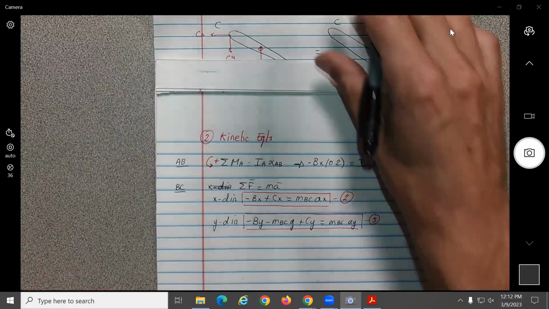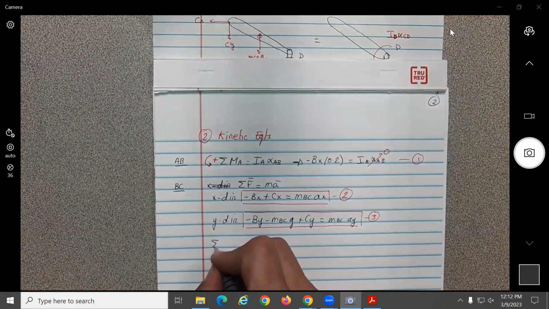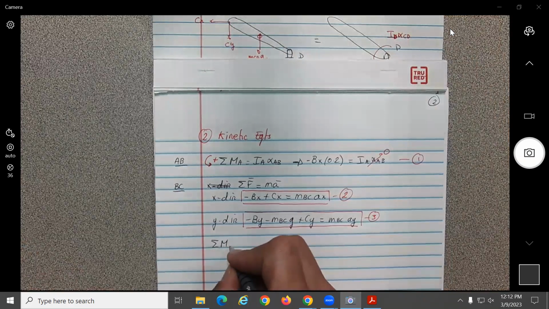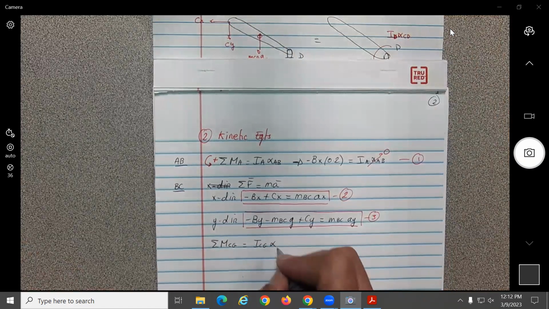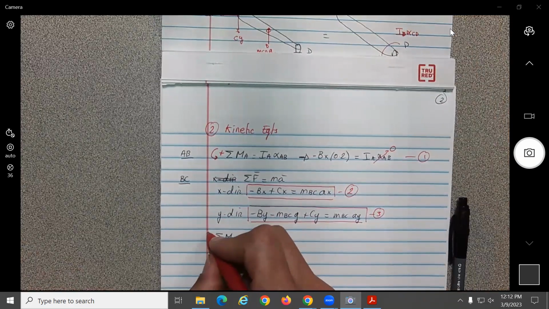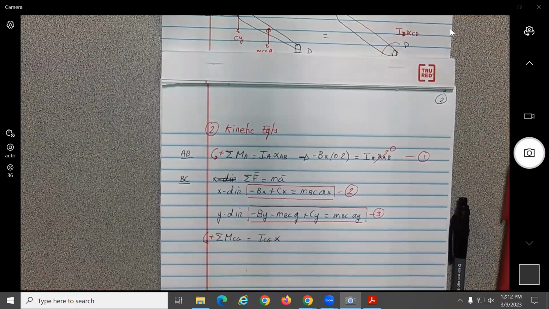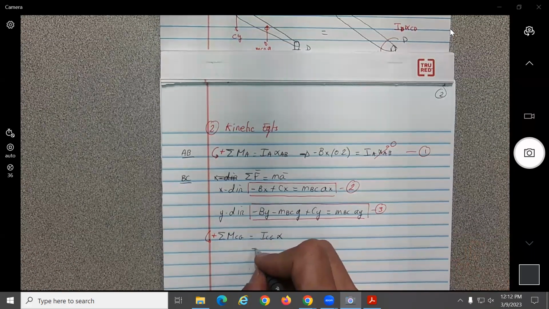But again, I put it there. And then here, let's say you take the moments about which point? Think about the CG. It's probably going to be easier or less risky. You can move it to a point if you want, but if you think about the CG, then what do you have here?